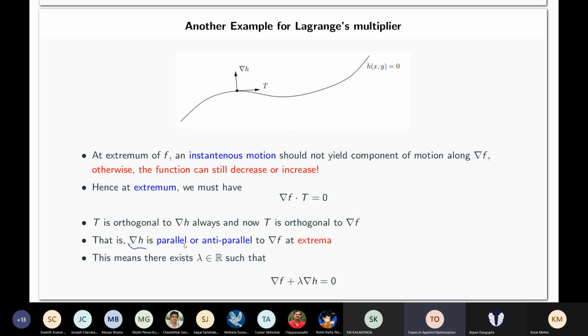So grad h must be parallel or anti-parallel to grad f at the extrema. If that is the case, then grad f must be some lambda times grad h. Instead of lambda, I can also take minus lambda just to keep it clean, because I don't want to see a negative here. Then the criterion becomes grad f plus lambda grad h equals 0. So that's the condition seen in an abstract way.